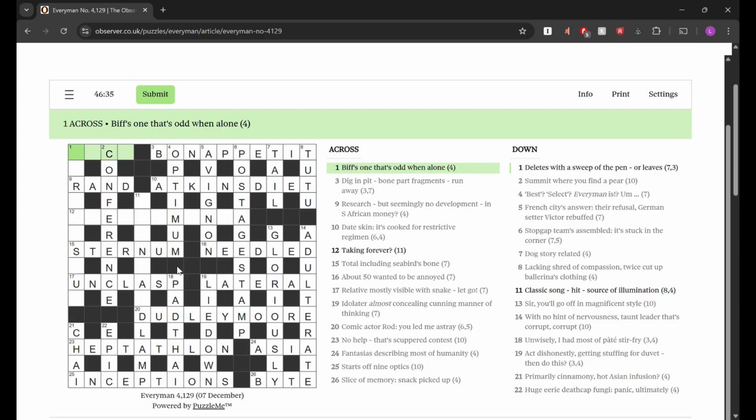Like punch them or like sock? That's odd when alone. Oh yeah, if you have an odd sock, or having one sock, you'd call it an odd sock. When it's not in its pair. Okay.